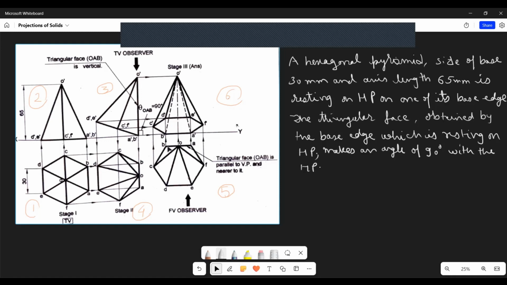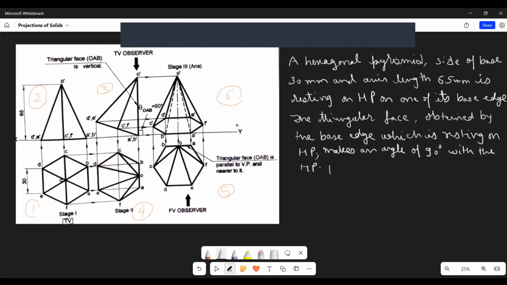Now this face OBA, which was perpendicular to the HP in this view, is now parallel to VP, means in the top view, this face OBA should be parallel to the XY line. So we'll write it like this.